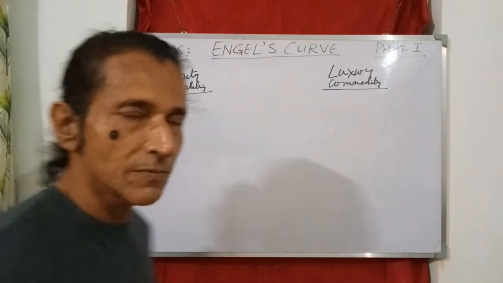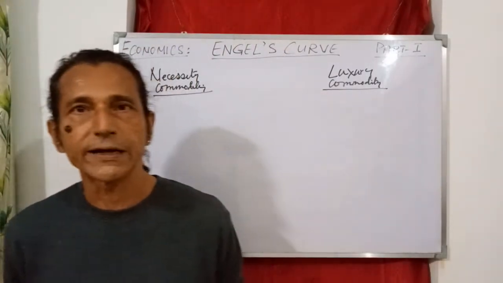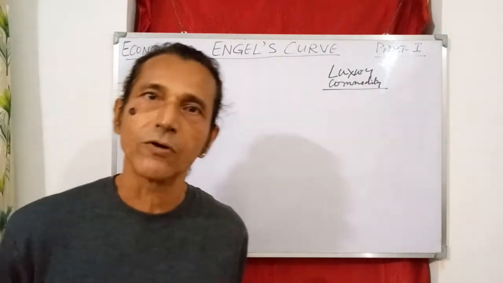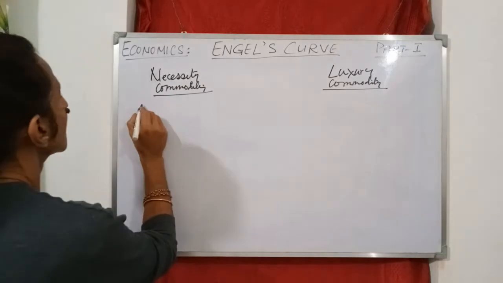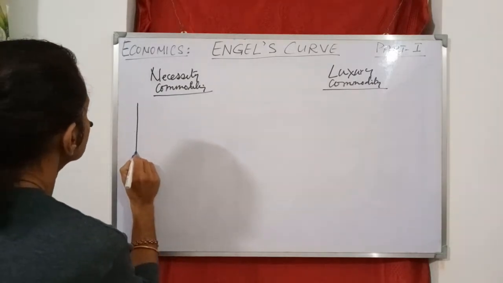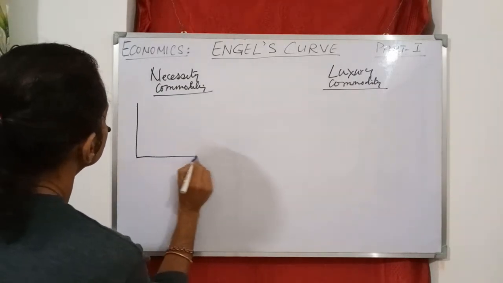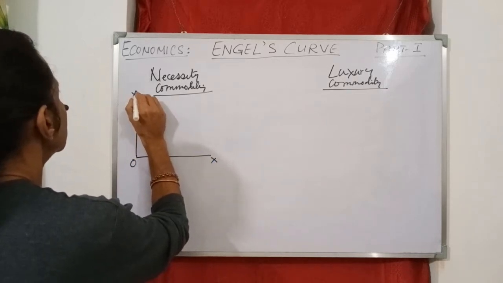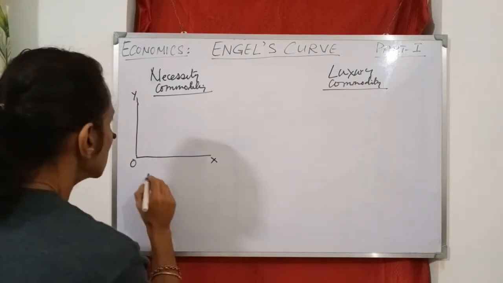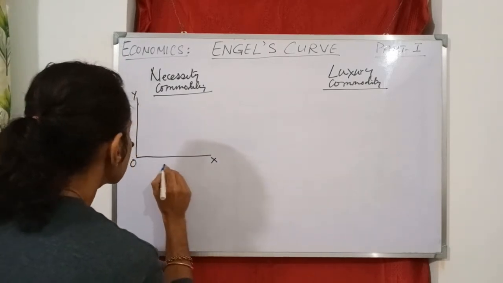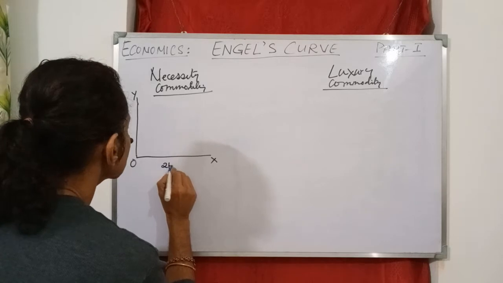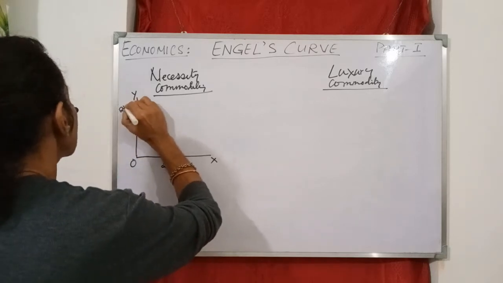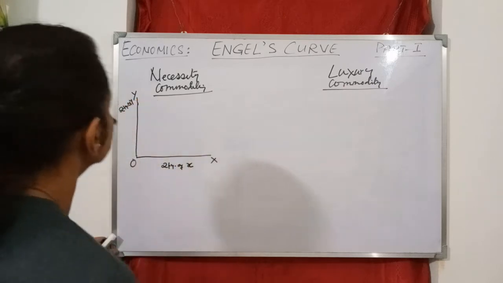In each category, I shall draw two diagrams, one for the income consumption curve and another for Engel's curve. So first, I draw the ICC, that is, the income consumption curve. On the x-axis we measure quantity of X, and on the y-axis we measure quantity of Y.